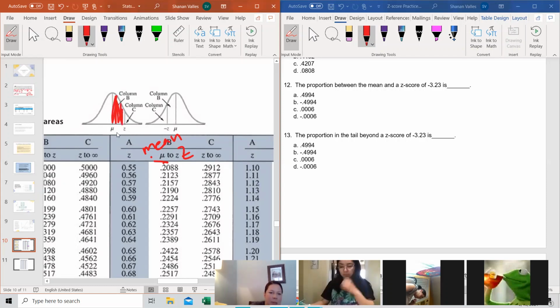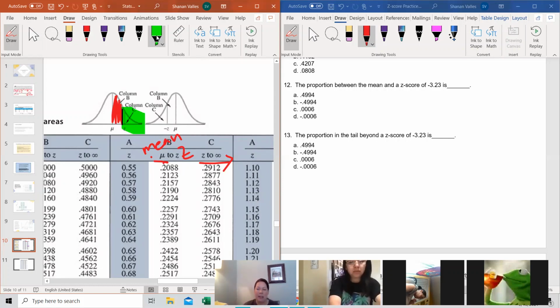It's saying that B column is whatever z-score you're looking at and the mean, and it's giving you that proportion or percentage of people. C column is beyond that z-score. It's beyond it into infinity. It's just everything that's beyond that z.